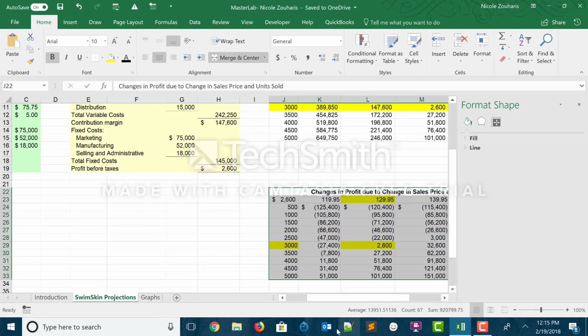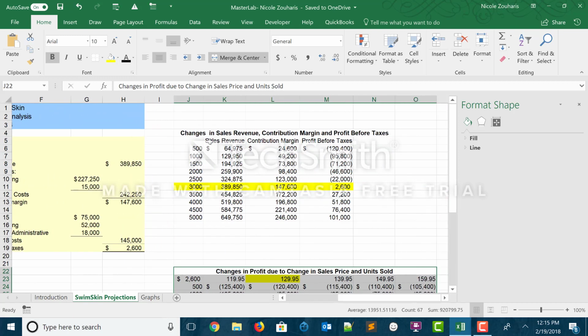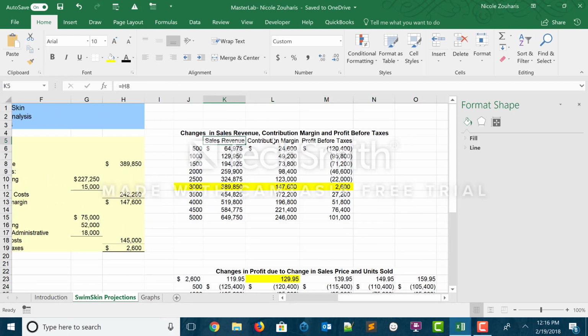So let's reiterate. Over here, we started with our one variable data table. We did custom formatting for these using the numbers group with the dialog box. Then we made our levels of output, and making our lives easier, we just cell referenced J6 and added 500, and then auto-filled down.